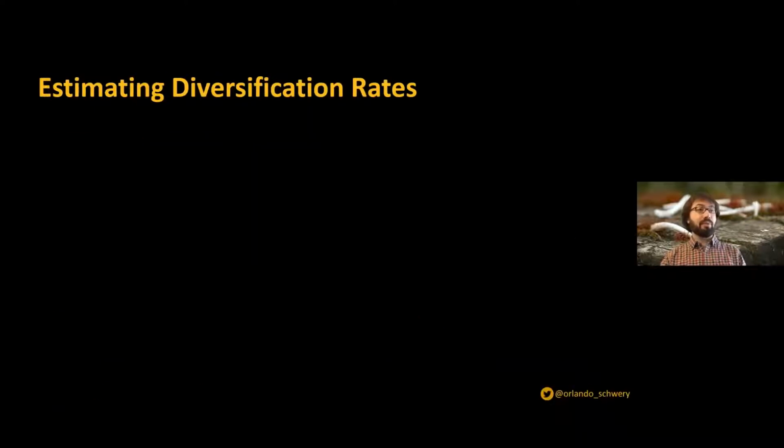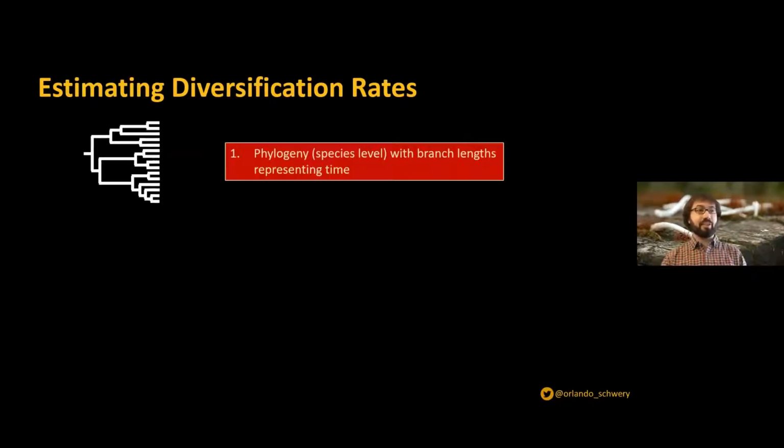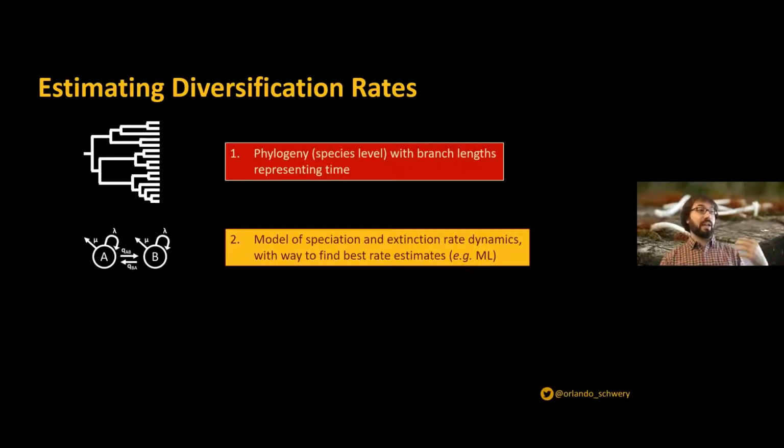And so the way we do this is that we have models that estimate rates of diversification, so of speciation and extinction. What we use for that is we usually have a phylogeny on species level that is time calibrated, so the length of the branches represents the time since two lineages have diverged. Then we usually have some kind of model that can describe a mechanism for the speciation and extinction dynamics and a way to find out what the best rate estimates for this would be.